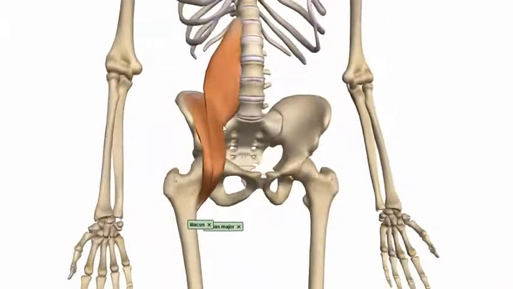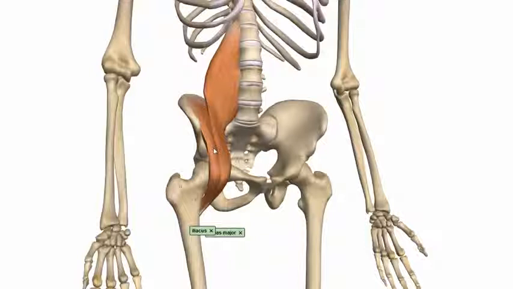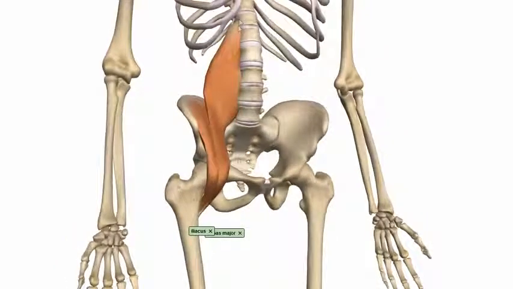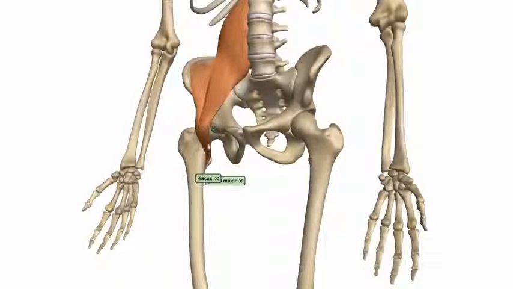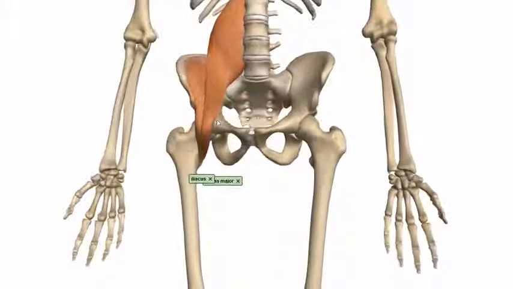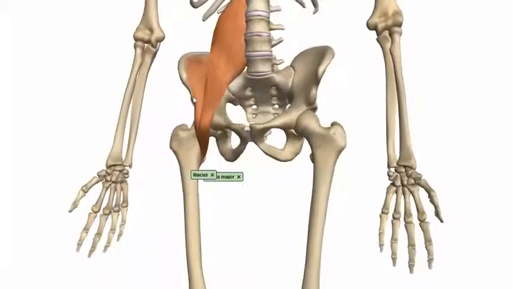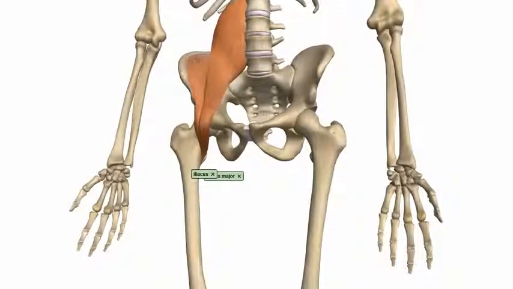The iliacus muscle, you can see it sitting here in the iliac fossa, and you can see the psoas major originating on the vertebral bodies here, and then it winds down to form this common insertion point on the femur. So this muscle has two origins. You've got the psoas major originating up here, and the iliacus muscle originating in the iliac fossa.